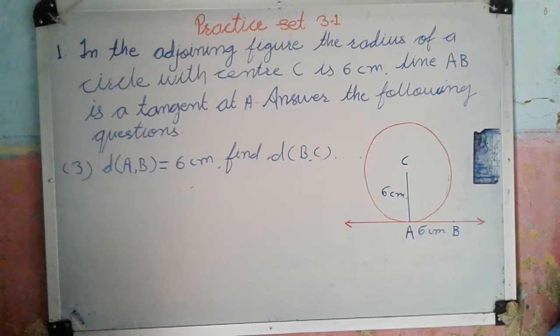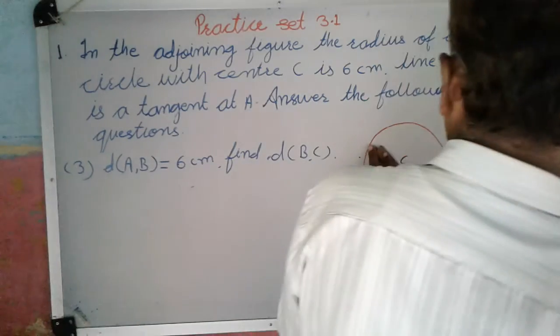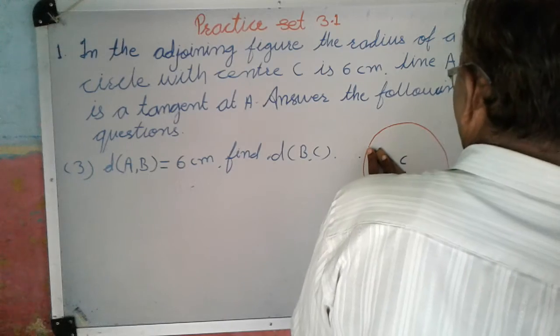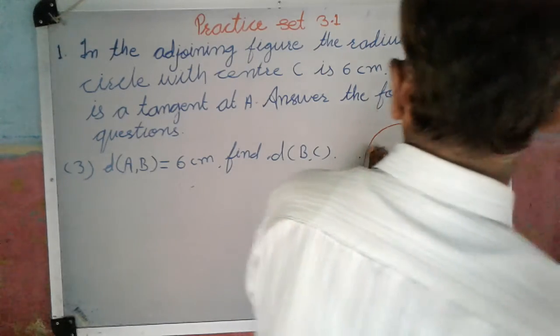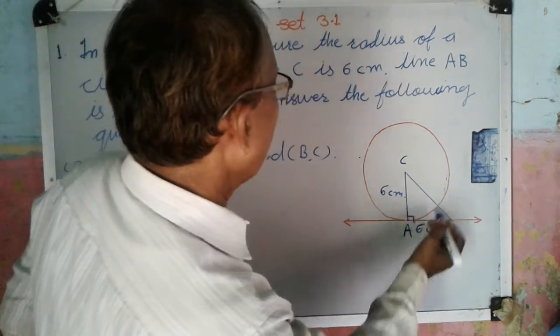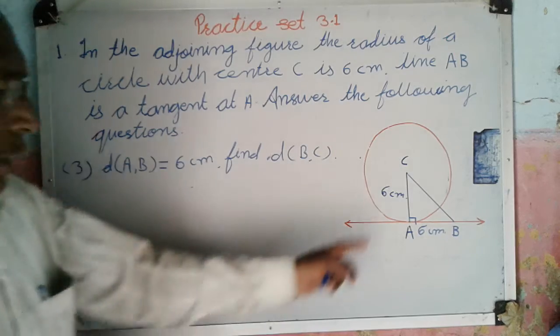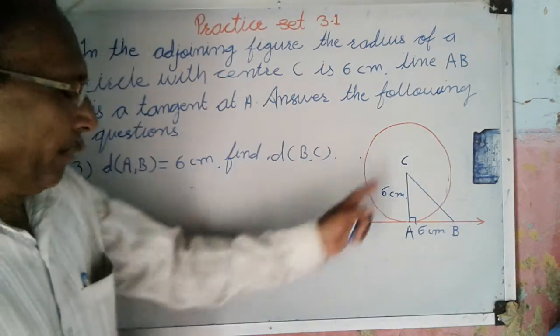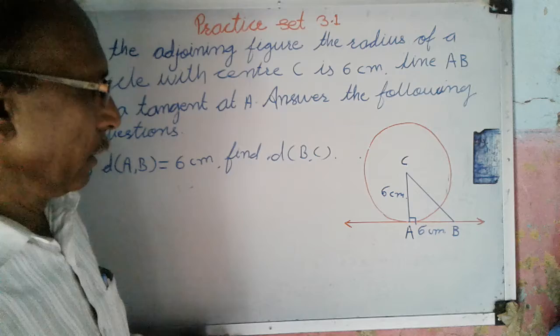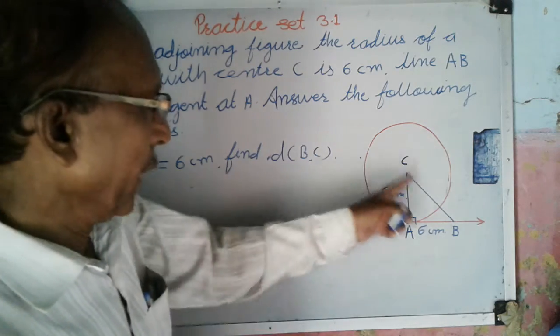So to find distance BC, draw segment BC. Now here we get a right angle triangle. BC is the hypotenuse of this triangle, and using Pythagoras theorem we can find BC.